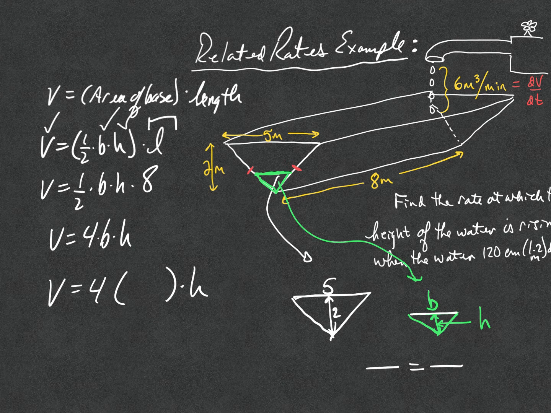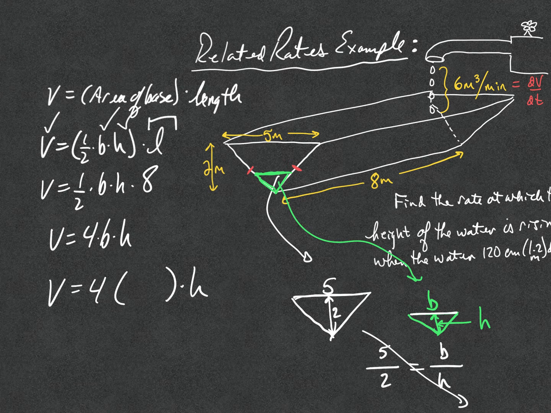So you can create a ratio out of the 5 and the 2 from the big end of the tank, and then I can create a ratio pairing them up correctly with the B and the H. So I can compare horizontal to vertical, 5 over 2, and horizontal to vertical, B over H. All right? So 5 over 2 and B over H. Horizontal to horizontal, vertical to vertical. And of course, with a proportion, we can cross multiply.